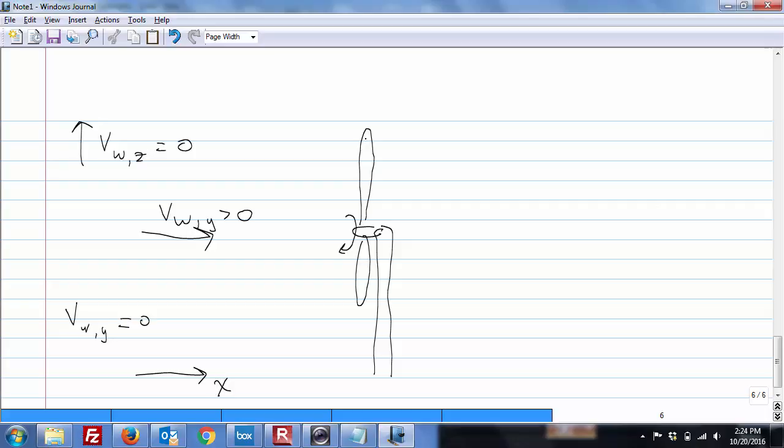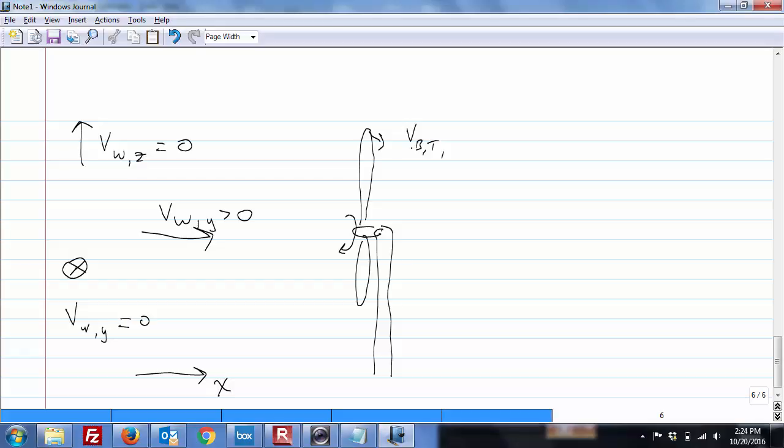Now, as this thing spins, it's spinning like this. So the velocity of this top blade, let's say it's coming towards us, in the x, y, and let's have y going into the page. So I'm going to draw that as an X. If it were coming out of the page, I'd draw it as a 0. So the y direction is pointing into the page. The negative y is pointing out of the page.